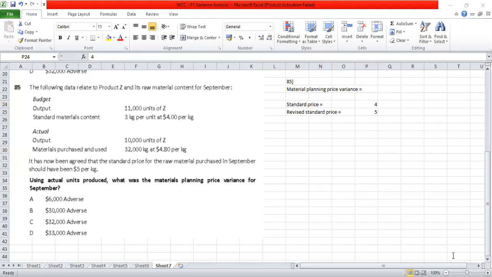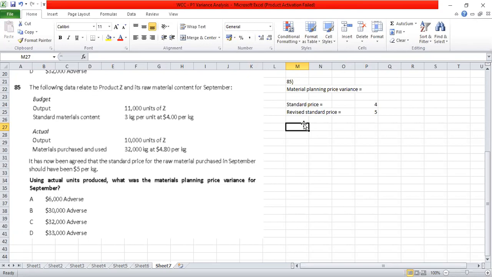actual quantity. How much is the actual quantity of material? 2000 kgs. No, not the actual quantity. It will be applicable for the entire standard quantity of material.